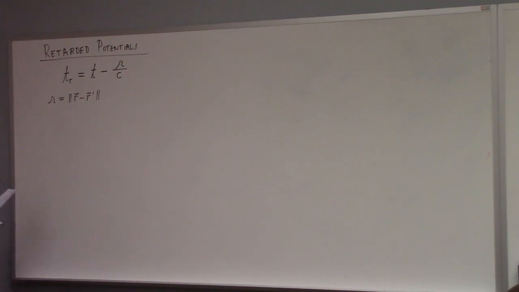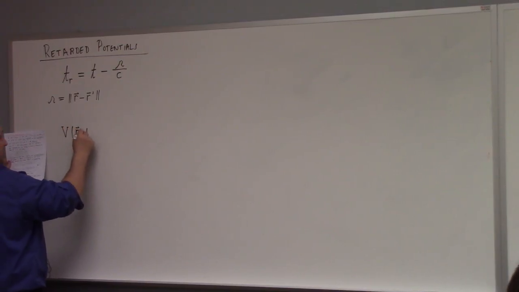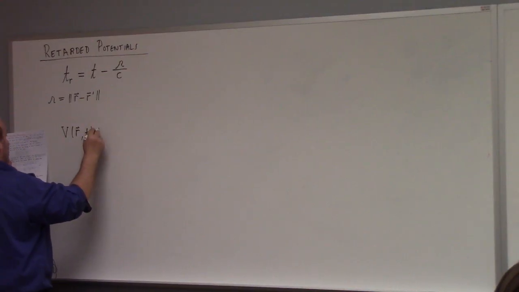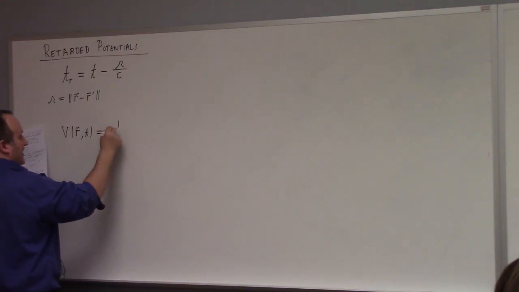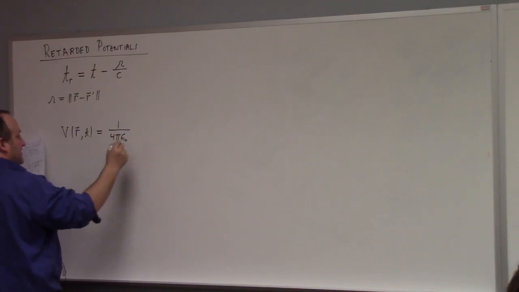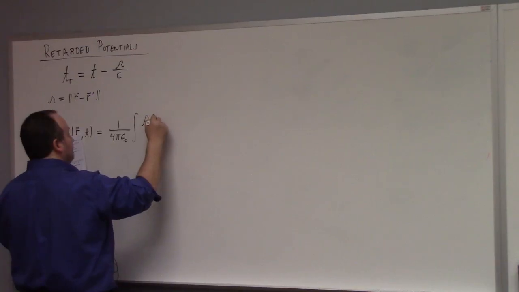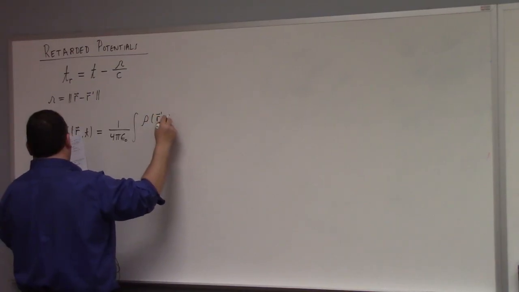So the solution that's proposed is we simply write the voltage at position r and time t, obtained in the usual way, except we replace time with retarded time.